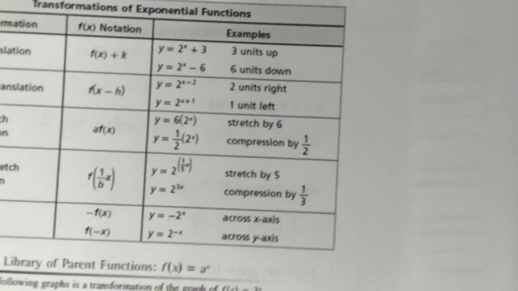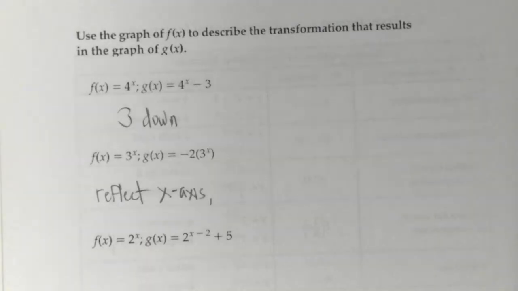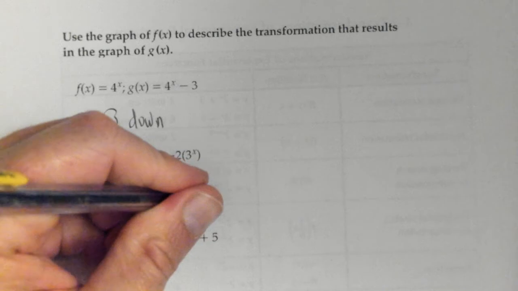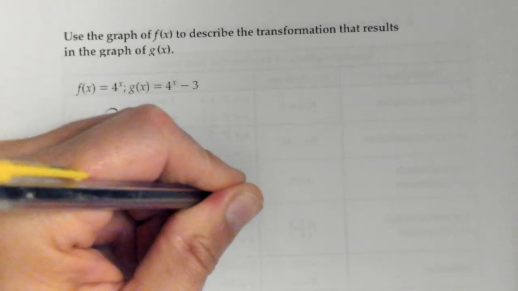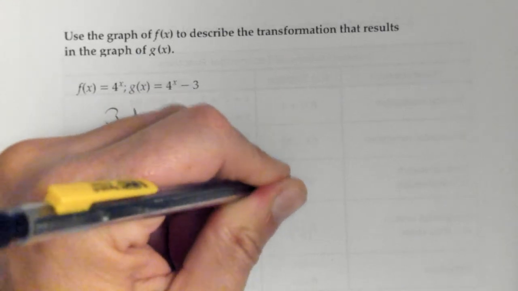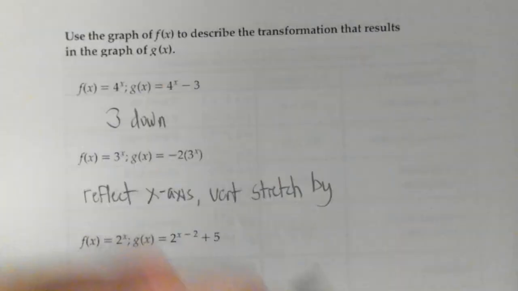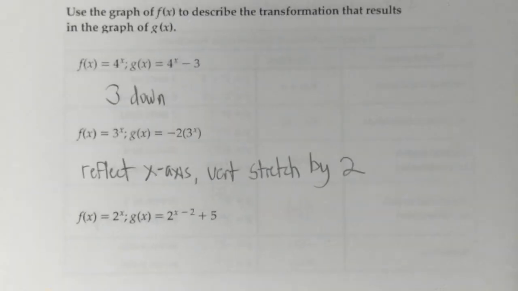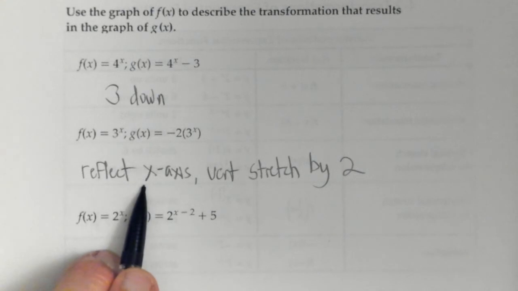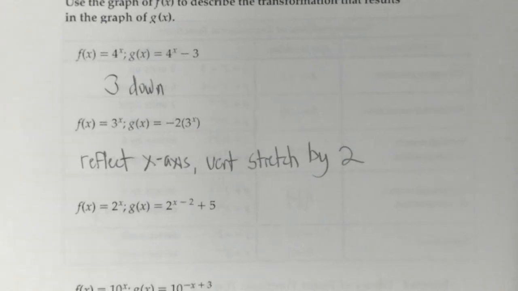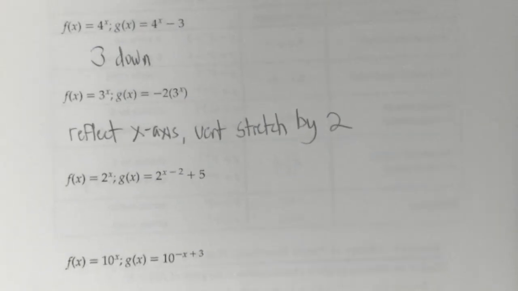You get yourself a vertical stretch or compression, and since this number is greater than 1, it's going to be a vertical stretch by a factor of 2. So the negative causes the reflection, and the multiplication by 2 causes the vertical stretch by that factor. Okay? All right. Next one.